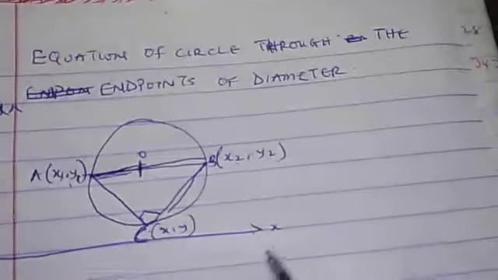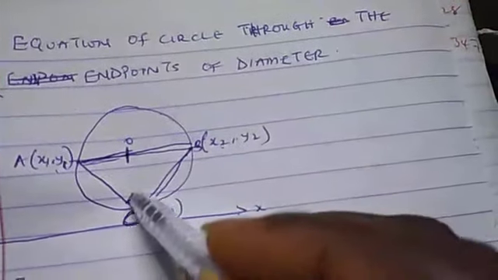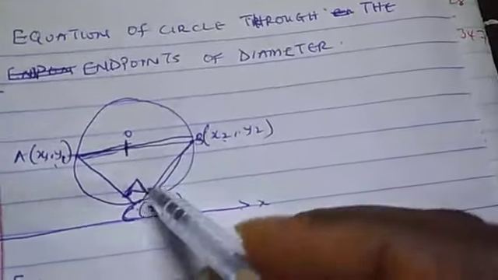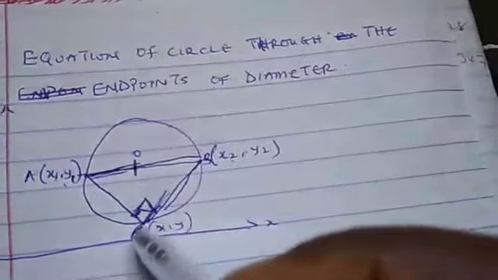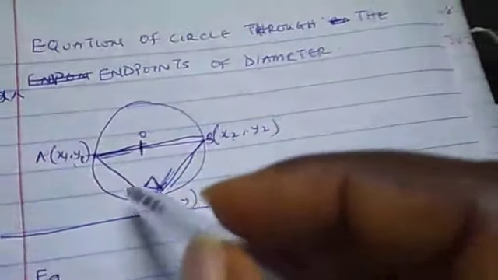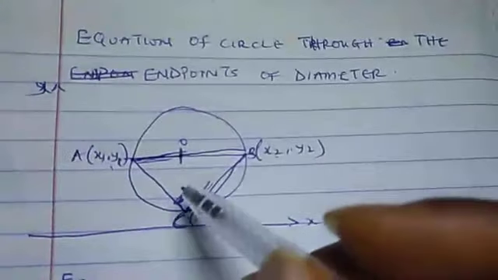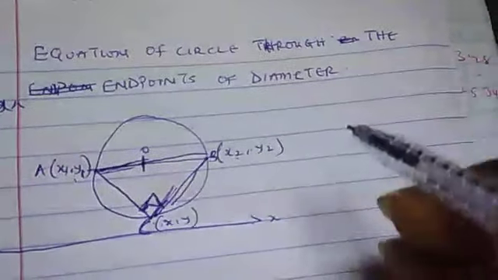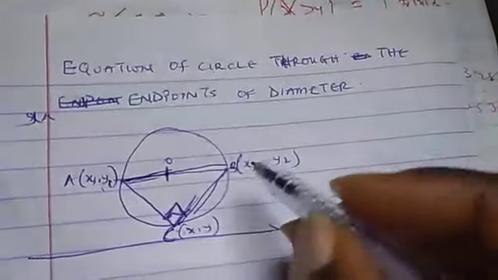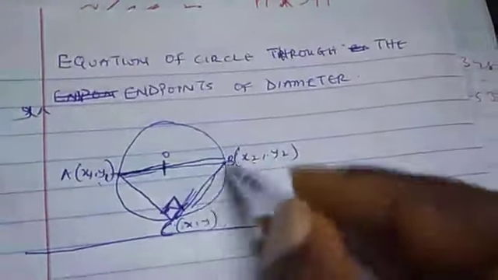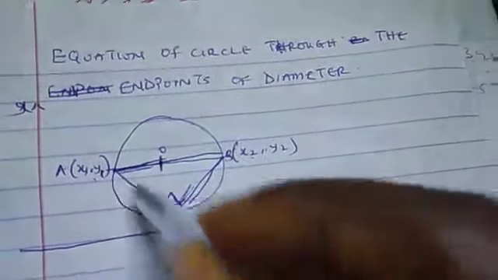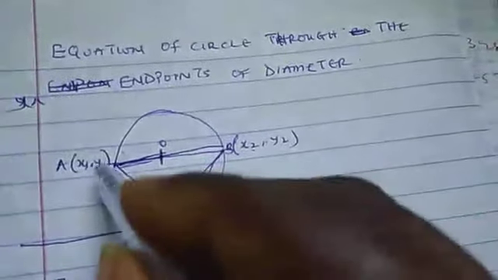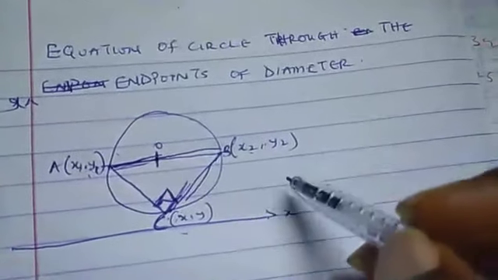At this point (x1, y1), you know this angle is 90 degrees. If you look at the circle theorem, it says the angle in a semicircle is 90 degrees. So in this case, I can say that these two lines are perpendicular to each other.